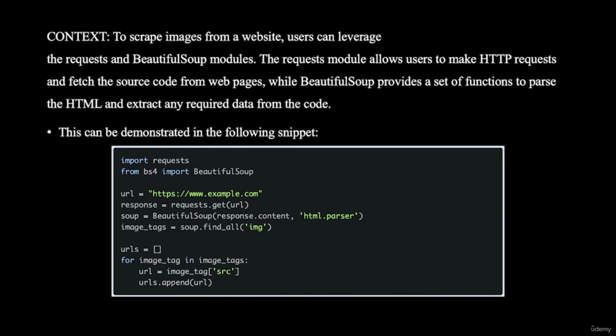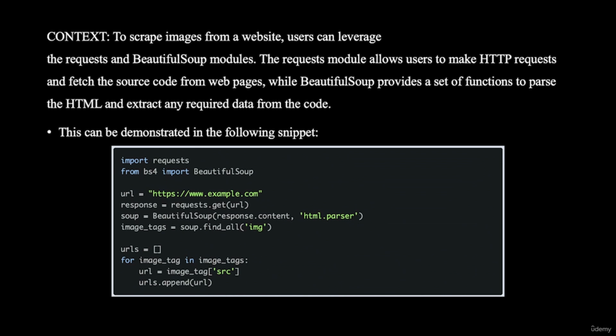Next we set the URL to scrape as www.example.com, wrap it in a string, and store the response in the response variable. The next line, Beautiful Soup, to which we pass in the response content as well as our parser, will parse the HTML content of the response and store it in the soup variable.